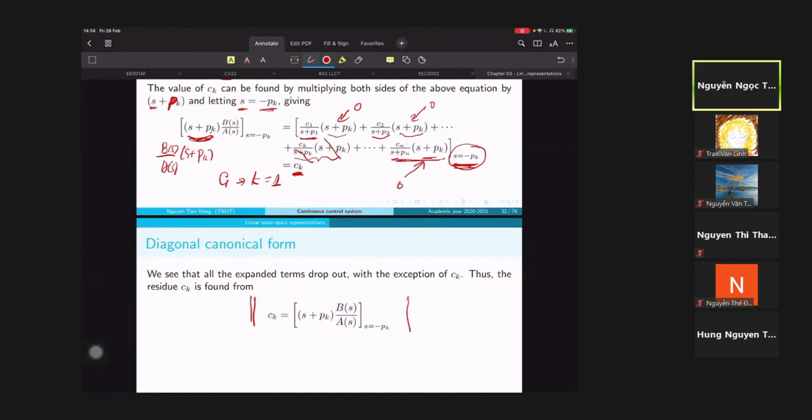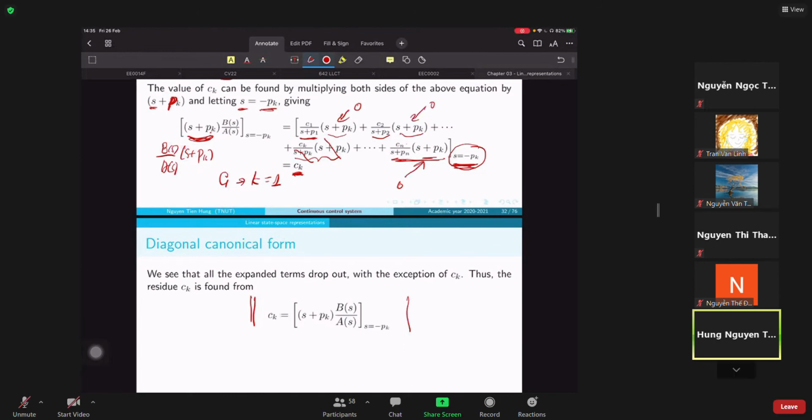Sir, I just sent it on Zalo, sir. Okay, okay. I think that you have to check, because you see that you've got the denominator, the order is 3, not 2.